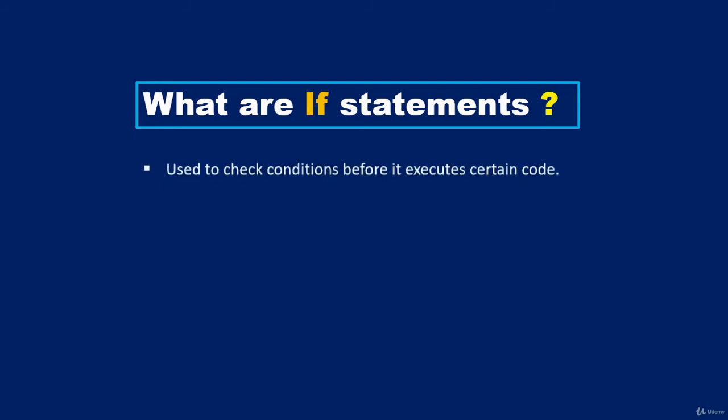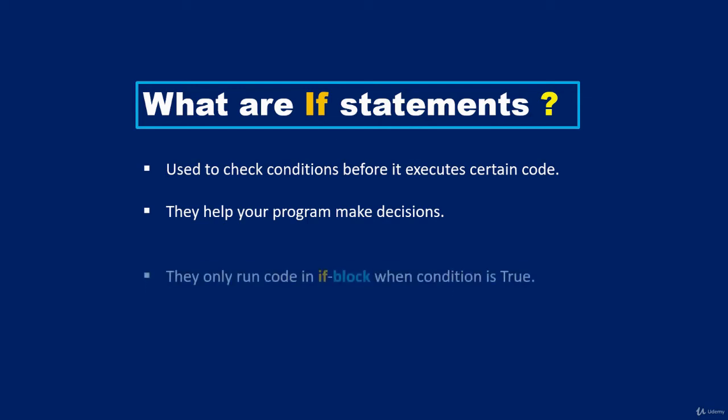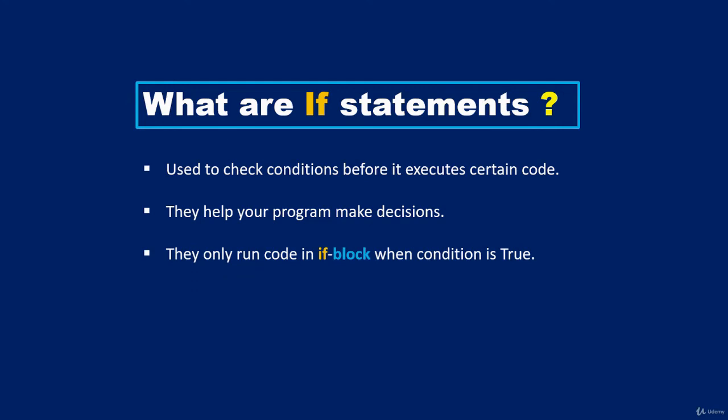They help make your programs make smarter decisions, and they will only execute the code inside the if block when the condition evaluates to be true. If statements use comparison and logical operators to check whether conditions are true or false.